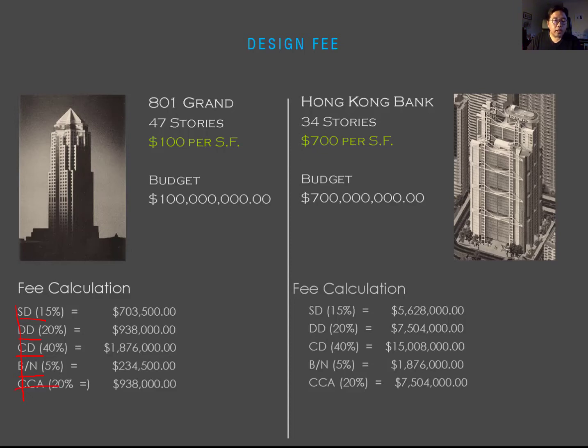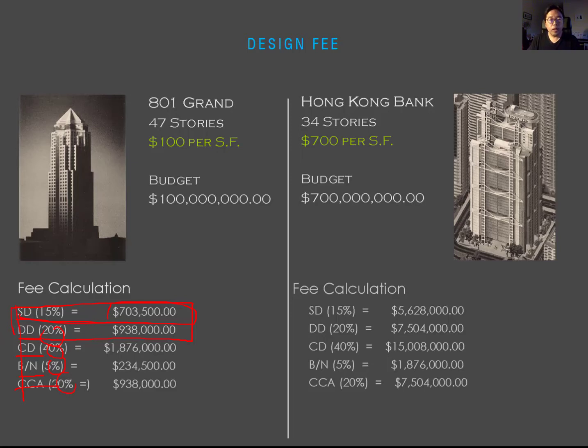So each stage has a different percentage. We actually get the money basically by stage. Some architect firms only do until DD, so they only get this money. Some architect firms only did the SD, so they only get this money. So that's why you can calculate how much you can get per each stage from the overall cost.